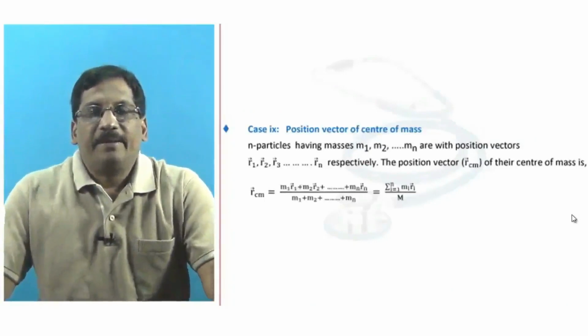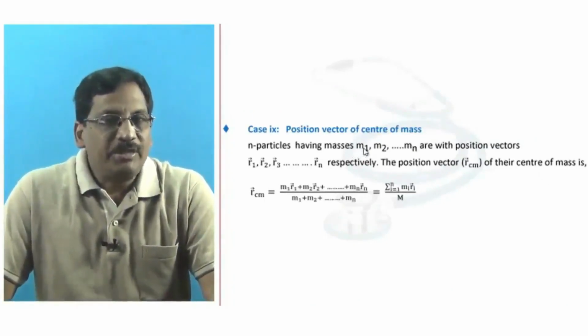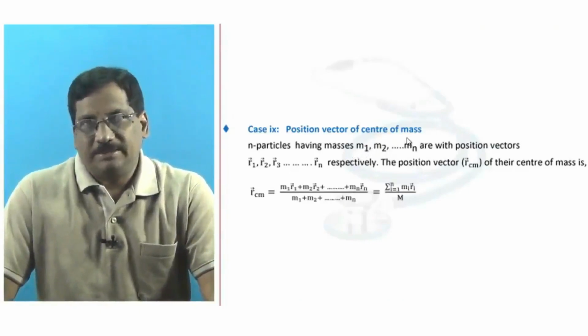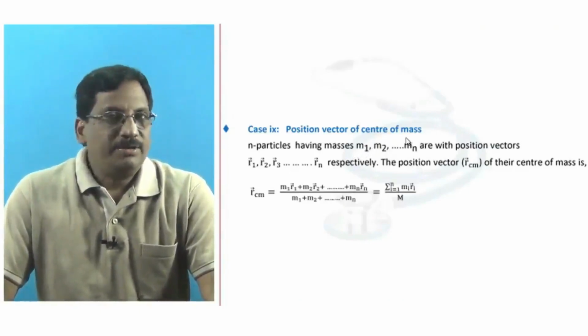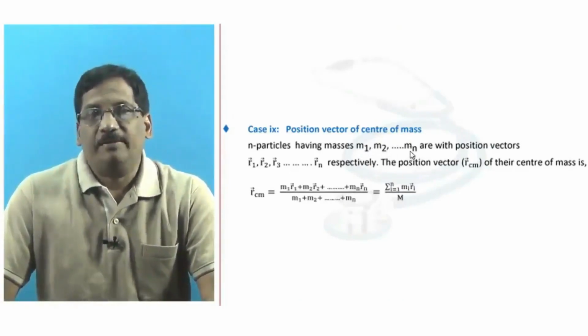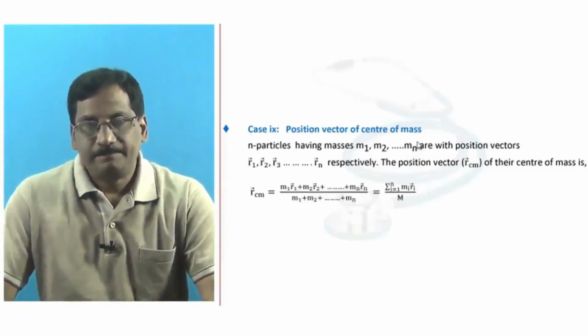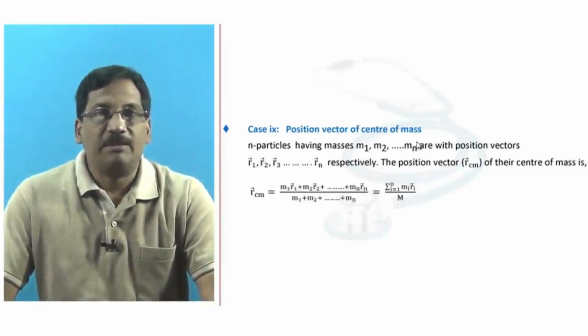And then case 9. This time, to write the position vector of center of mass. Until now we have discussed position coordinates of center of mass. Now the position vector, the line vector joining the origin and the located center of mass, is the position vector of center of mass.